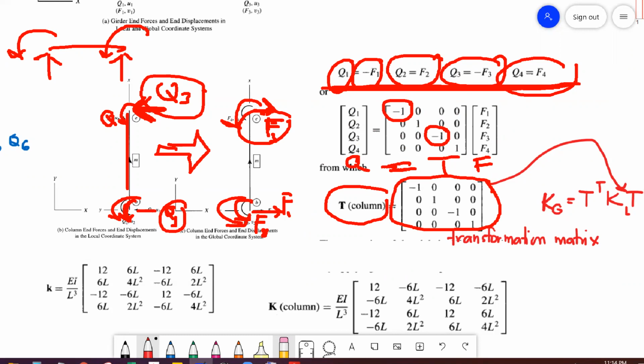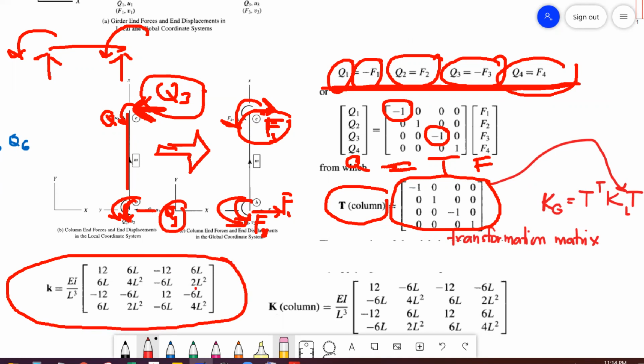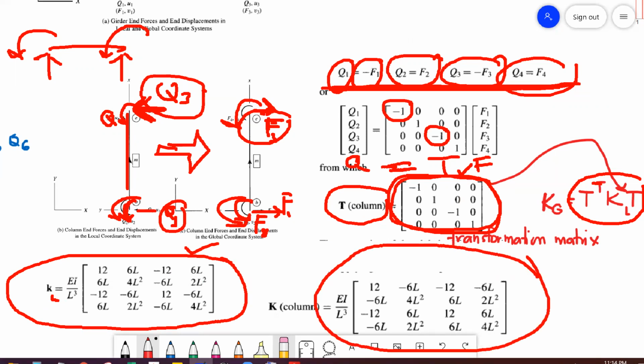In order to transform the local stiffness matrix of a beam, remember this is our local stiffness matrix of the beam, KL, to get the global stiffness matrix for a column, this is the formula we used before: T transpose K local times T. Operating this transformation matrix, transpose this, multiply with K local, and then multiplying again with T, you will come up with this.